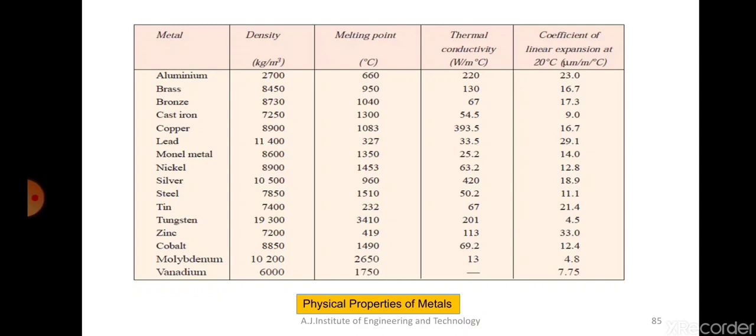If it has very good thermal conductivity, it can be used for transferring heat from one place to another. If it has very good electrical conductivity, it can be used in electrical appliances so that there is less loss of power. So all these properties will determine where exactly they have to be used.